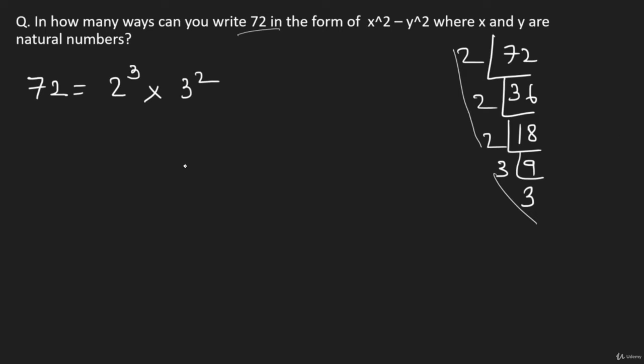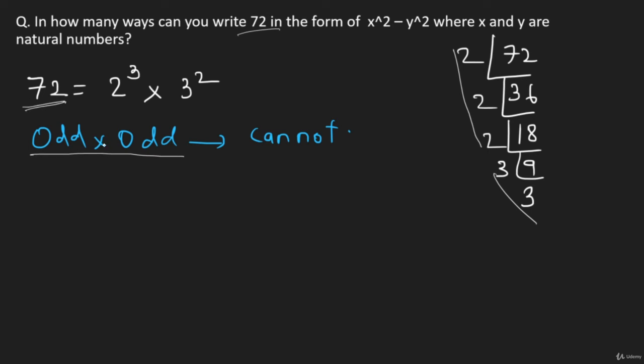Now we need to find the ways in which you can write 72 either as odd into odd or even into even, right? Now you can note that you cannot write 72 as odd into odd because 72 is an even number, and if you multiply an odd number with another odd number, you will get an odd number, right? So this cannot be done. Therefore we need to find the different ways in which I can write 72 as even into even.